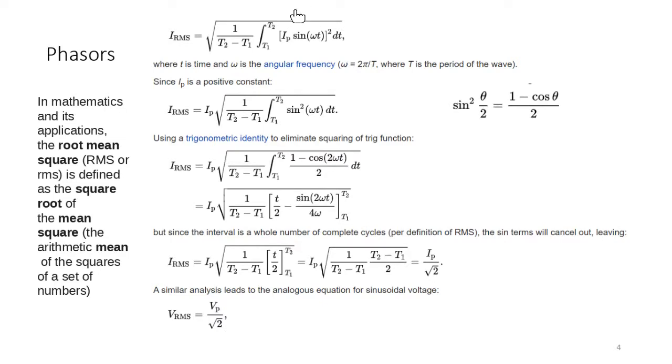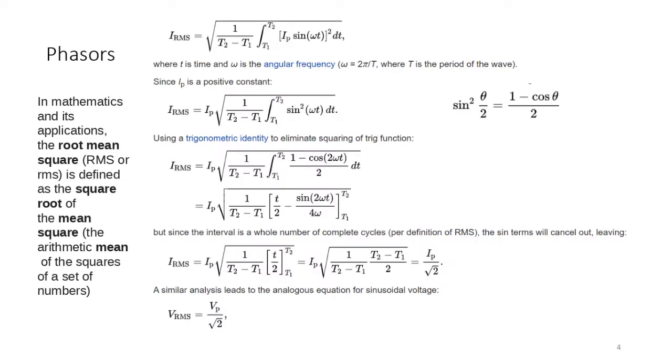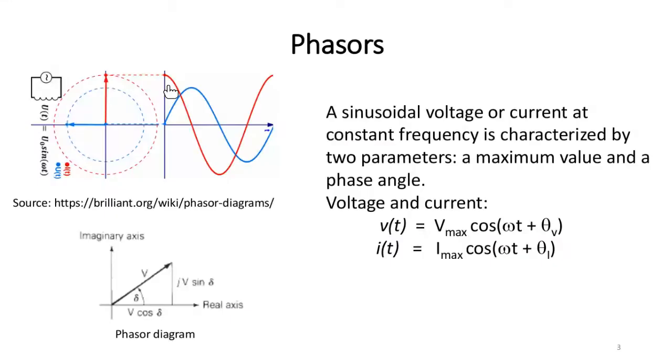That comes from the identity of sine square, etc. This is just for your information. What I want you to focus on is this one. This is what we will use. You already had this in your courses. Again, the phasor is the same thing: V maximum over square root of 2. And when we say maximum, it's this one. Sometimes we talk about this. This is the maximum, this is the peak.